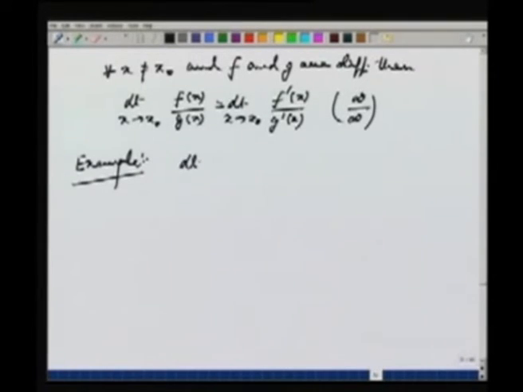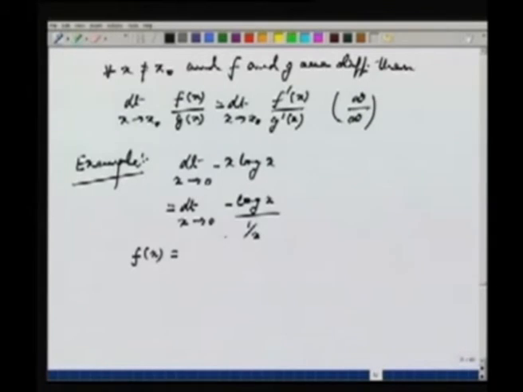Let us try to calculate the limit x going to 0 of x log x, which I write as limit x going to 0 of log x by 1 by x. If you like, I might start with a minus here. Now I define f(x) equal to log x with a minus sign, g(x) equal to 1 by x. Then f and g satisfy all the possible criteria here.